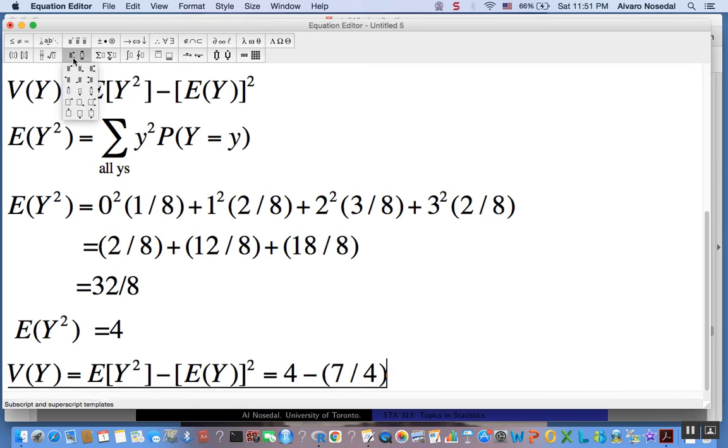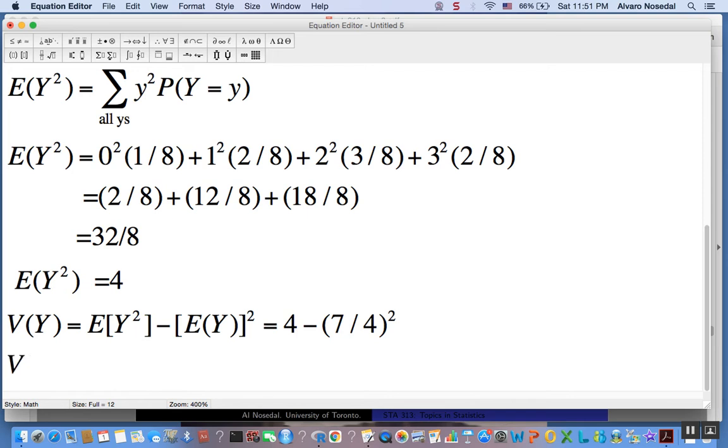So the variance of y is just 4 minus 49 over 16, right?